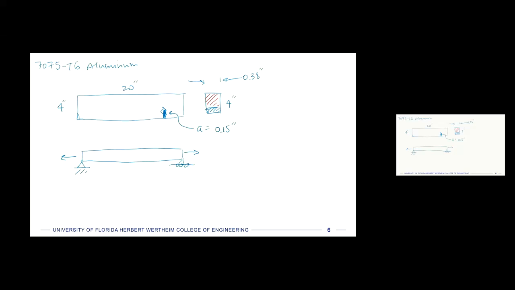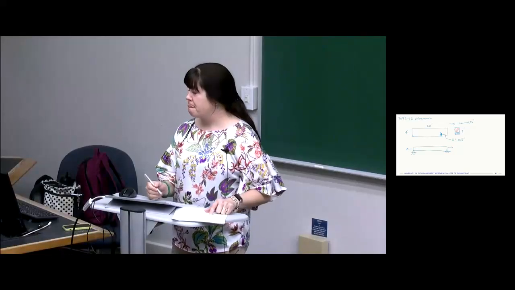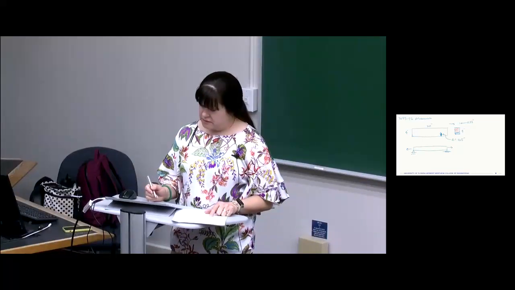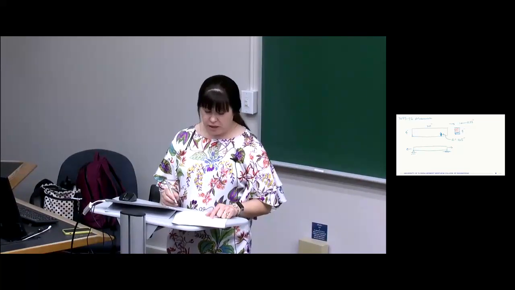So it says, what's the maximum allowable tensile load that may be supported by the member if a safety factor of 1.5 is required? Okay. So let's go back and think a little bit about our failure theories. We have a very simple situation where we just have a tensile load.